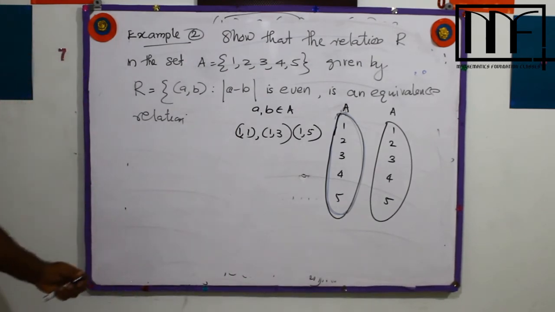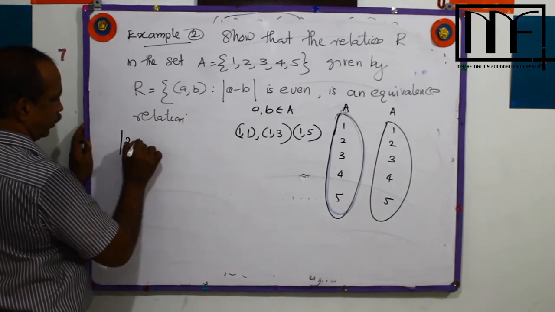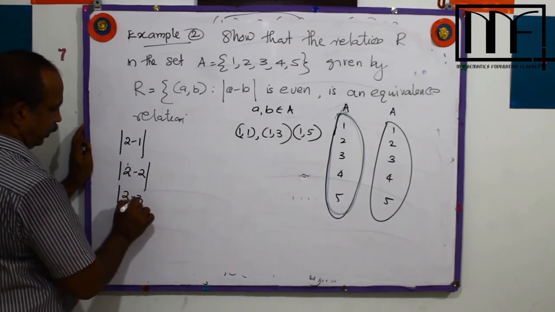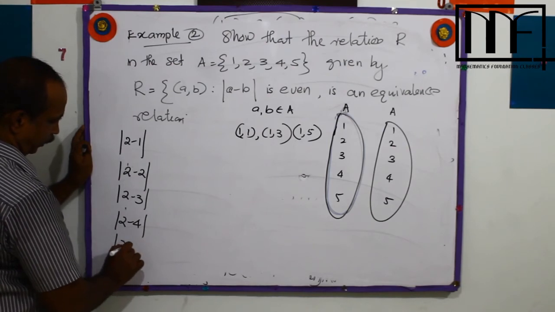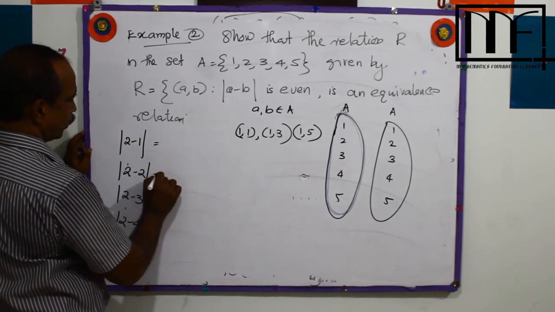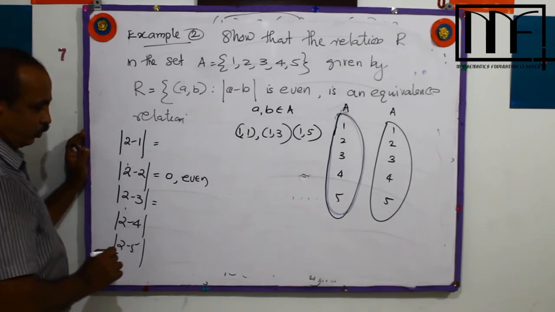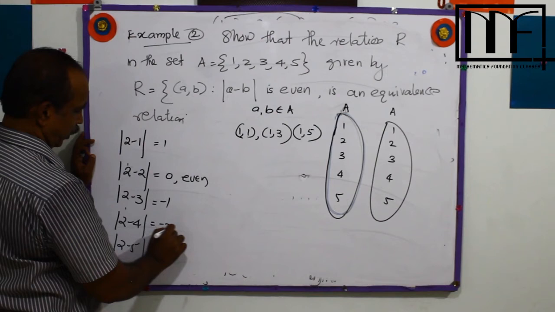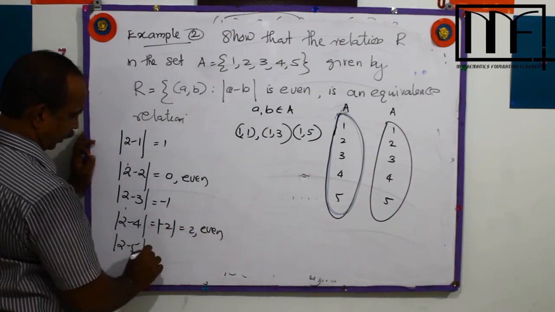Next, let's try from 2. We take 2 minus 1, 2 minus 2, 2 minus 3, 2 minus 4, 2 minus 5. 2 minus 1 is 1, which is odd. 2 minus 2 is 0, which is even. 2 minus 3 is negative 1, again odd. 2 minus 4 is negative 2, modulus 2, which is even again. 2 minus 5 is negative 3, which is odd.